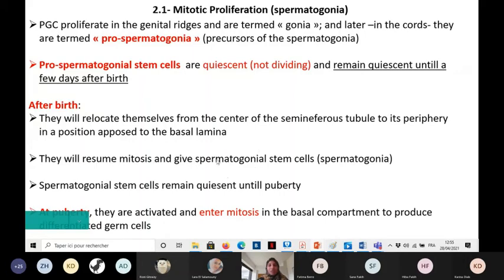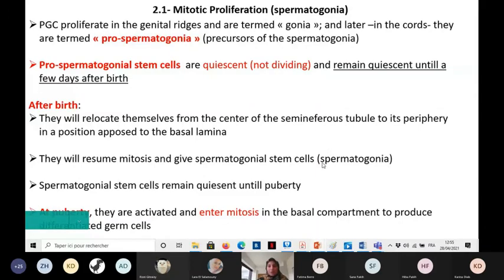Those prospermatogonial stem cells will divide and differentiate a little bit to give the spermatogonial stem cells, or the spermatogonia. And then those spermatogonia remain quiescent until puberty.